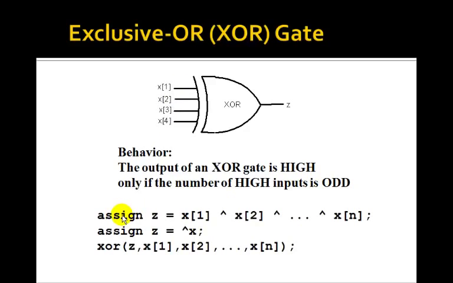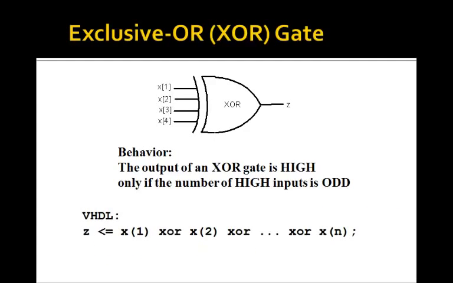In Verilog, we can use the assignment statement saying z is x1 using the hat operation, or just a single hat with the array used as a reduction operator, or this gate instantiation statement for XOR. In VHDL, we have to write out the XOR operator.